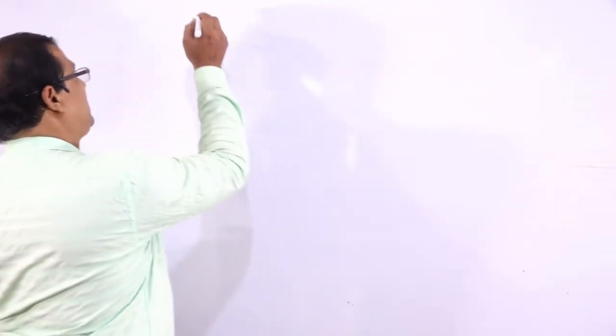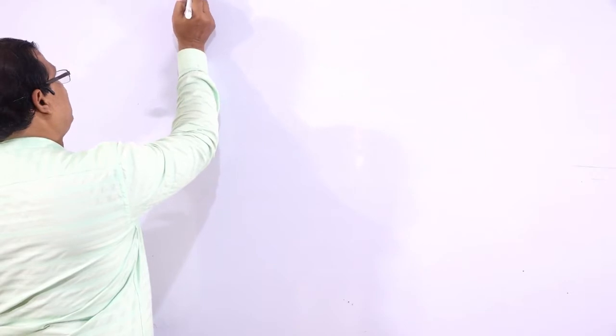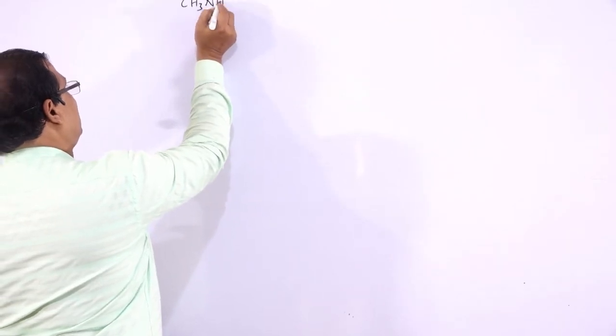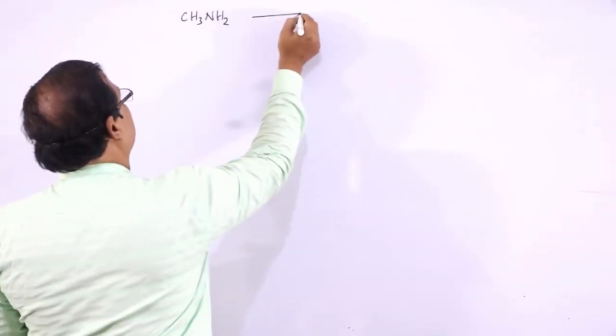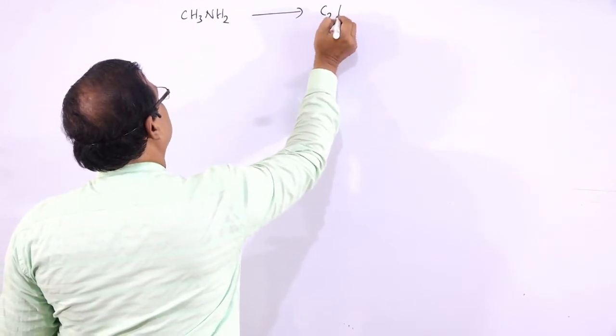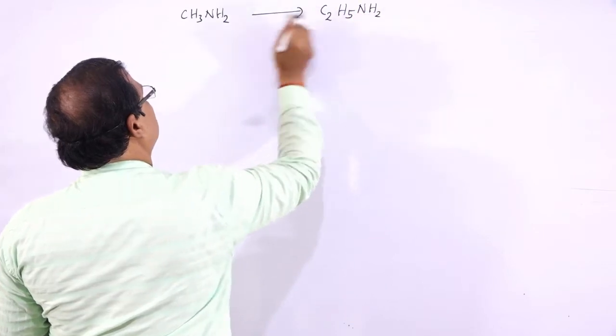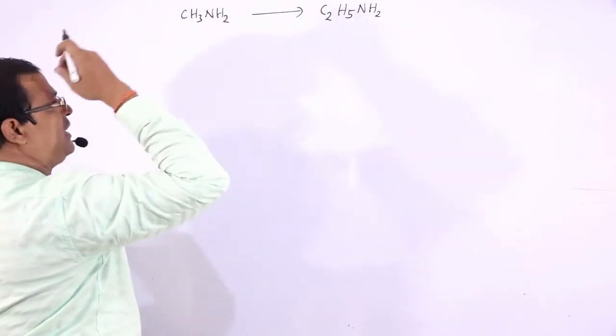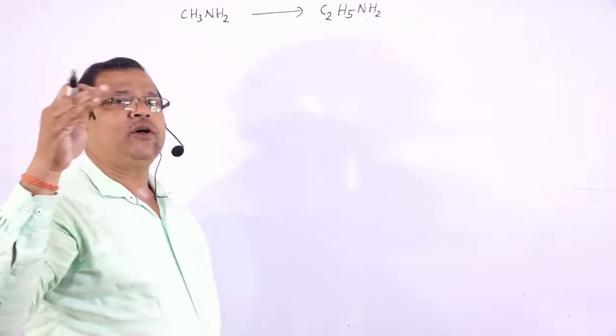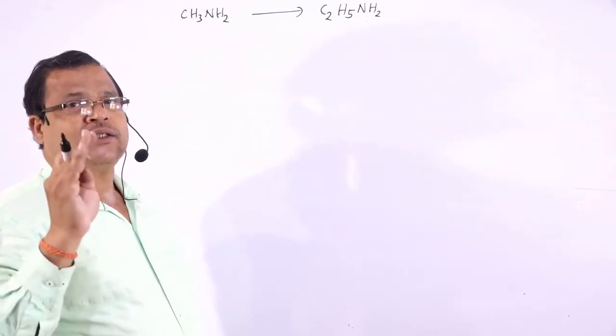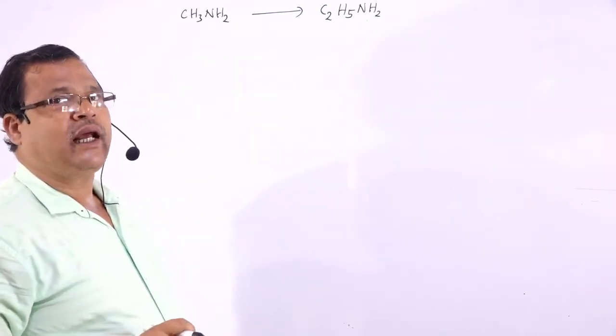For example, methylamine is converted into ethylamine. For any primary amine, such as methylamine or ethylamine, whenever the conversion is started, first the substance is treated with nitrous acid.